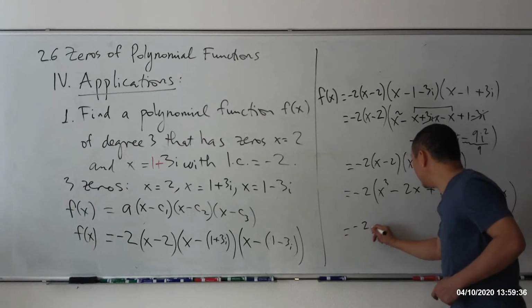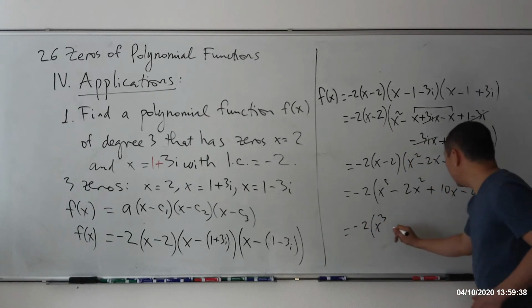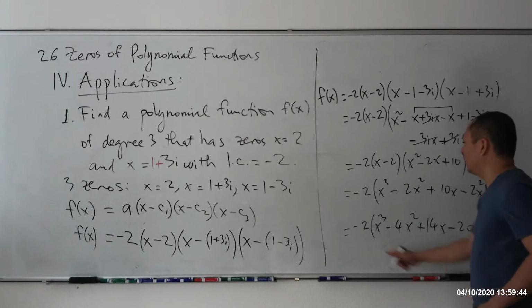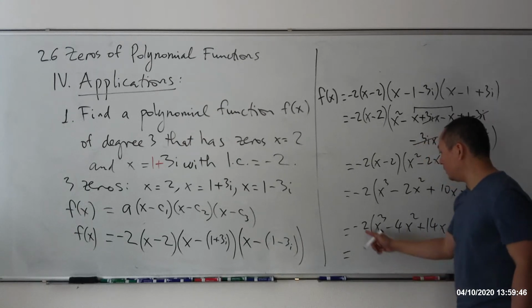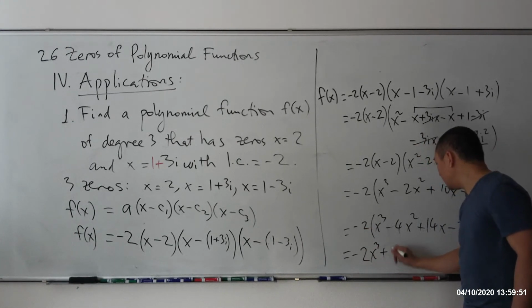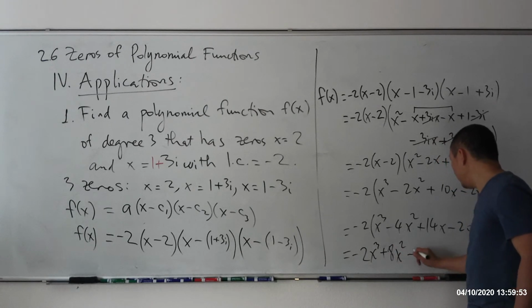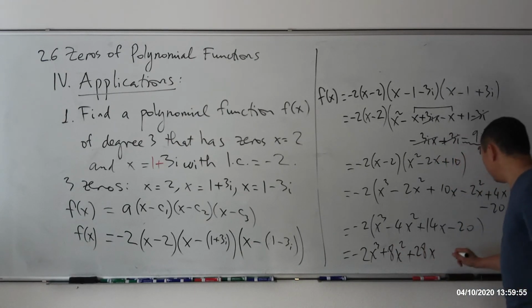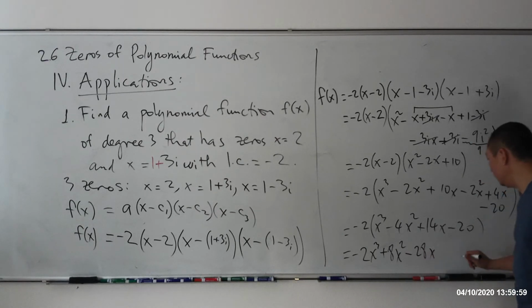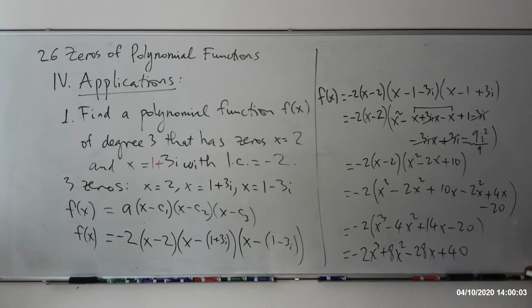We got negative 2x cubed, negative 4x squared plus 14x minus 20, and multiply everything by negative 2, distributing the negative 2: negative 2x cubed plus 8x squared, minus 28x, because I multiply by negative 2, and then plus 40. That will be the final answer.